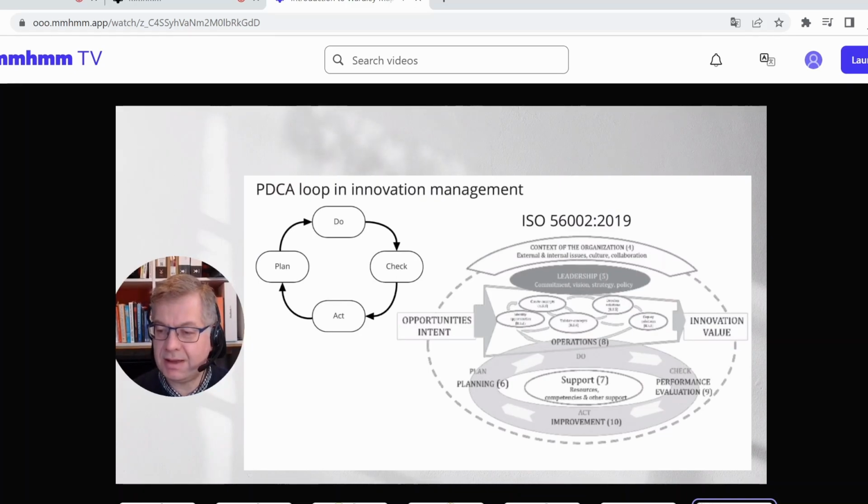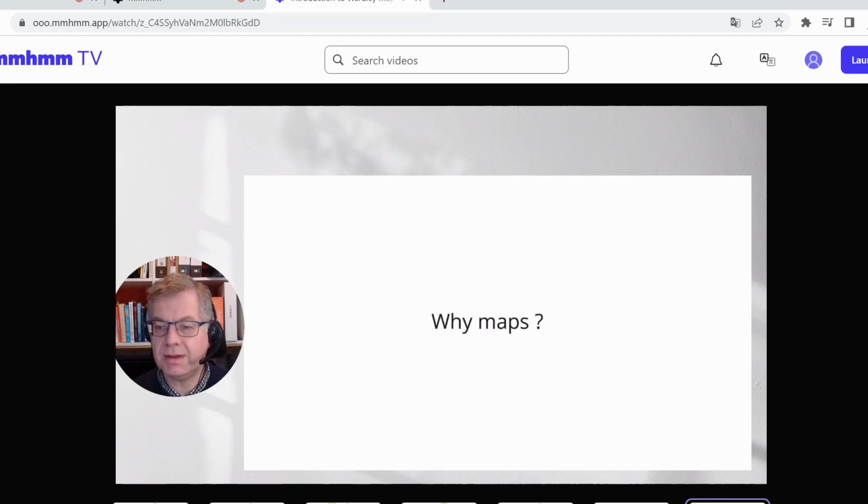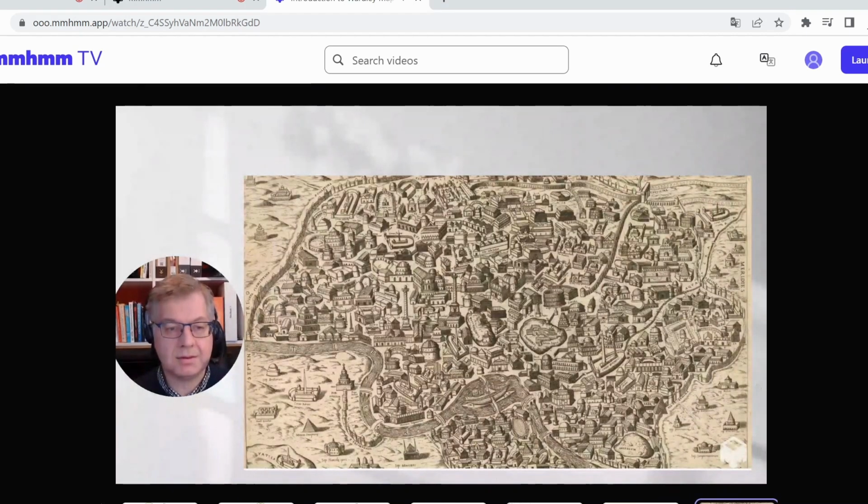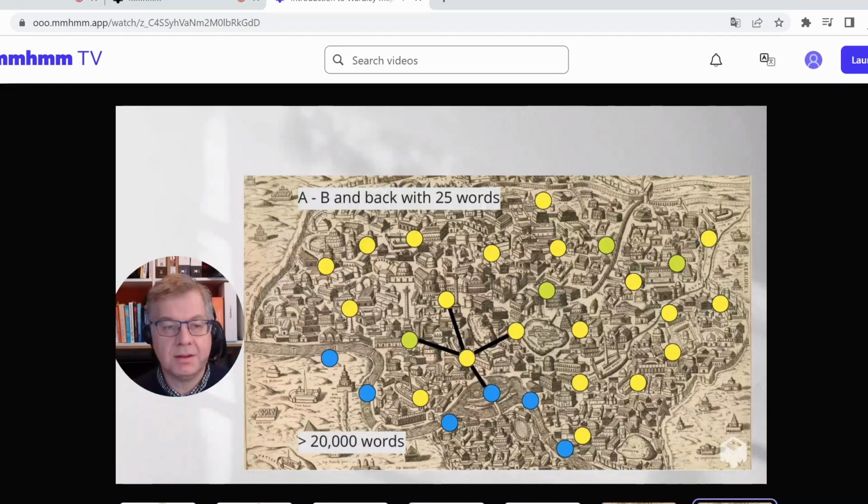Now back to the subject of maps. Why maps? Well, let's take this example. With this map of an ancient Roman city, we mark 20 points of interest and maybe 5 strategic points along the river.